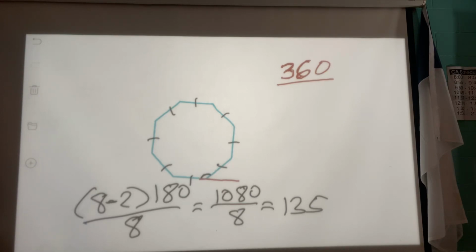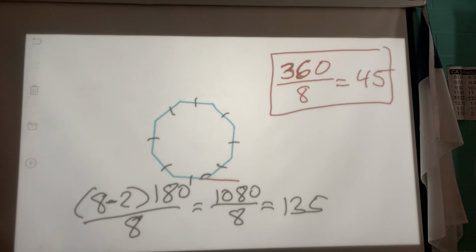We said 8, right? So if you divide that by 8, you are going to get 45. So that's the fast, easy way to come up with the exterior angle of a regular polygon.